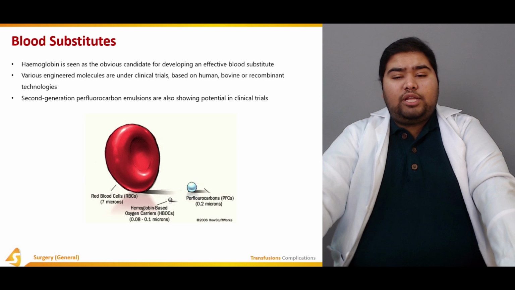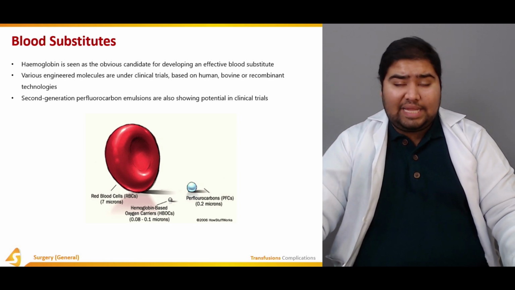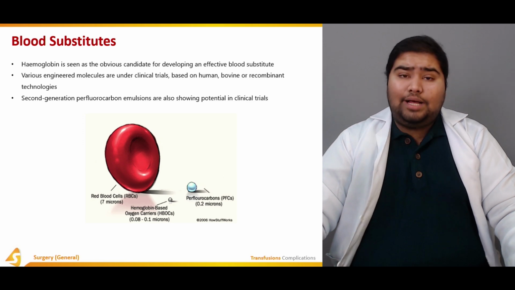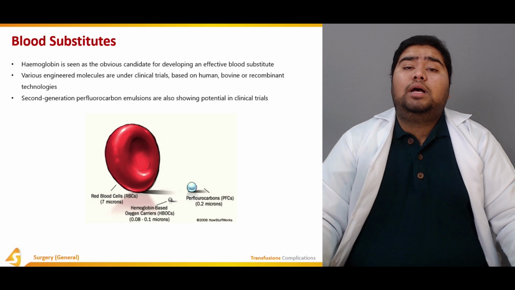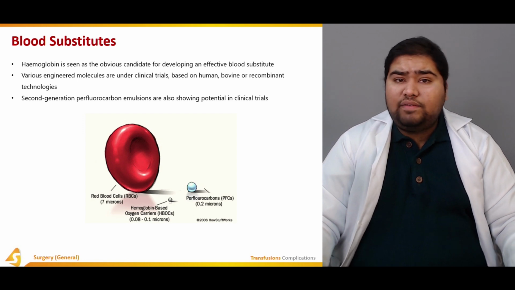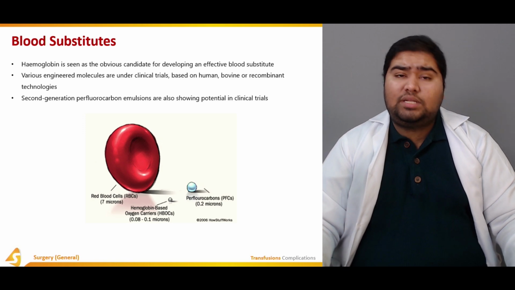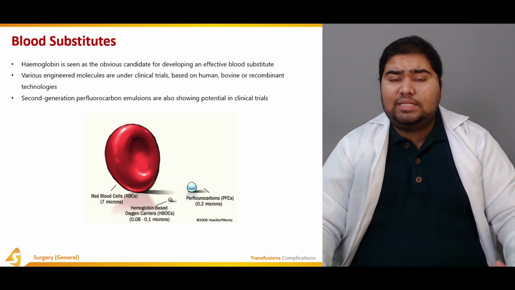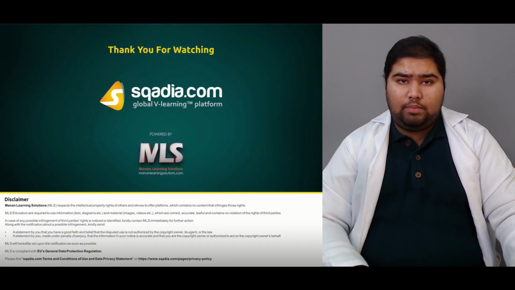Second generation perfluorocarbon emulsions are also being used in potential clinical trials, the data of which cannot be relied on at the moment. The data is neither sufficient nor supportive. So at this point in time, we're still in the development phase, and we'll see how that goes and when these blood substitutes would be available.